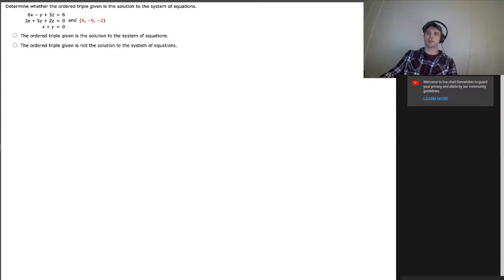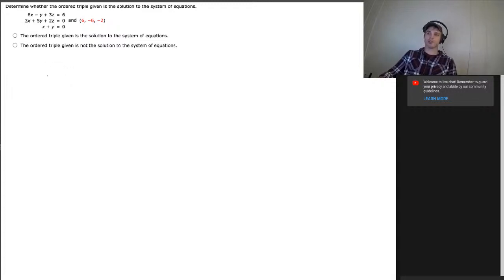So that's what we need to check and see if this is a solution. We can do this in the same way that we do it for 2-dimensional space. You just have to recall the definition of a solution: a value that when substituted into an equation makes the equation true. So we just substitute and see if this makes each equation true.